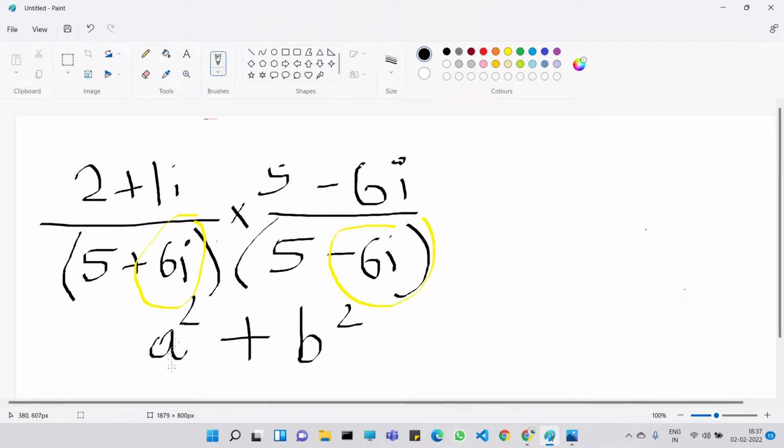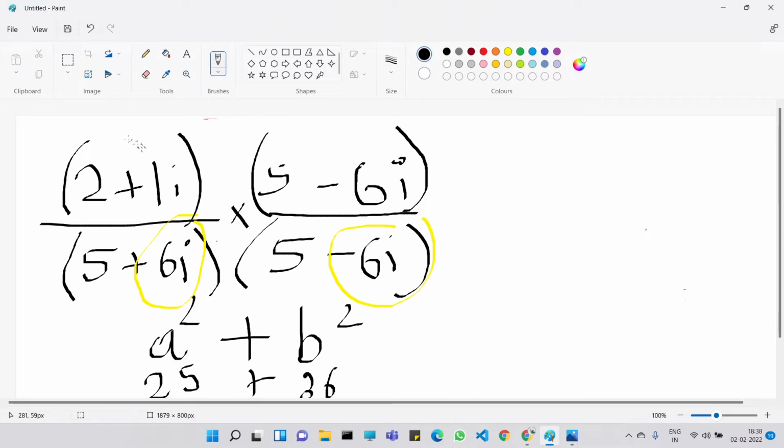Like 5 into 5, 25. It's going to be 25. Then 6 into 6, 36. Here the minus gets cancelled, so 25 plus 36. That's going to be the denominator over here. So for the numerator part, it's like the above multiplication itself.